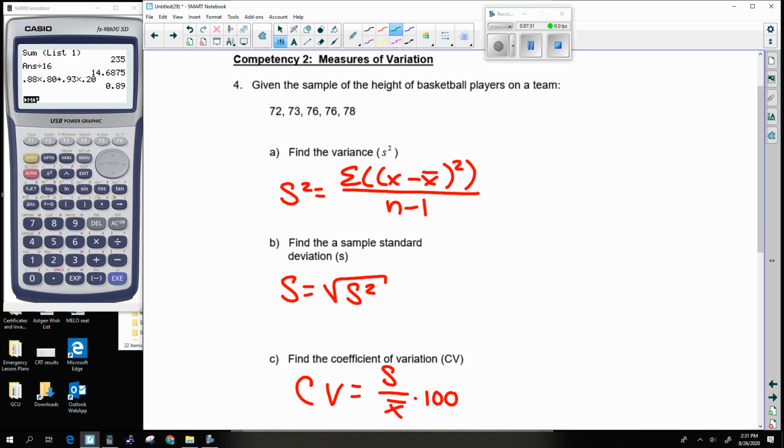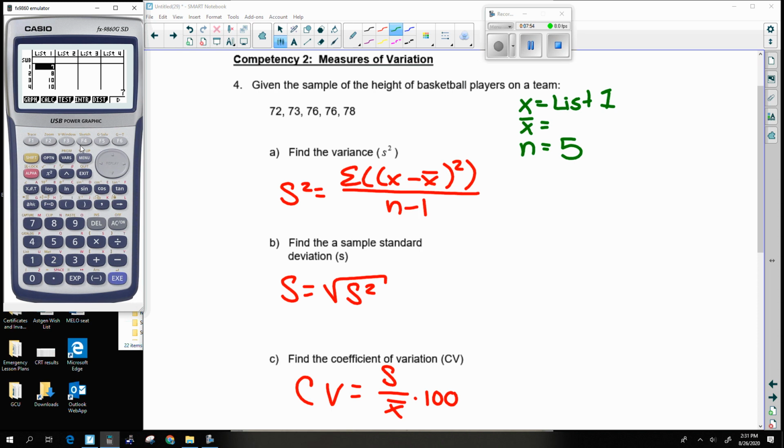To be successful with these, you need to know the main variables. So X is the list itself. X bar is the average. We'll find that in just a moment. N is the number of numbers in the list, and I see that that is 5 numbers in this list. So I need to find that average, and then I'm able to actually do these calculations.